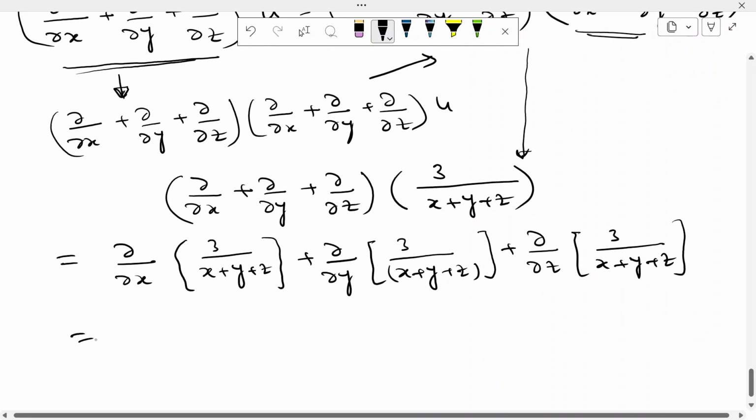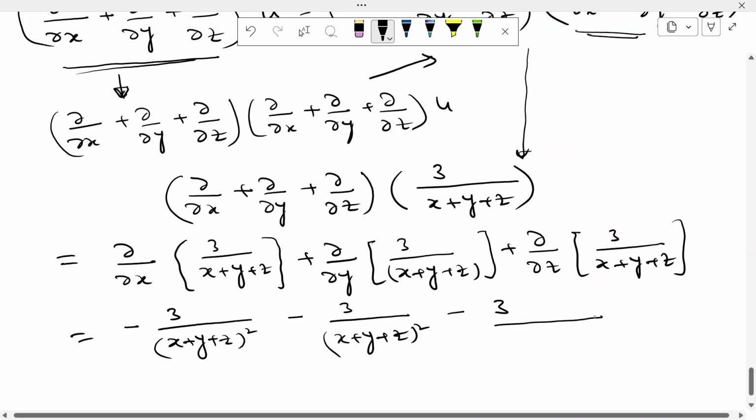Now if you differentiate 1 over x plus y plus z, this simply comes out as minus 3 over x plus y plus z whole square, and similarly for the other two terms.